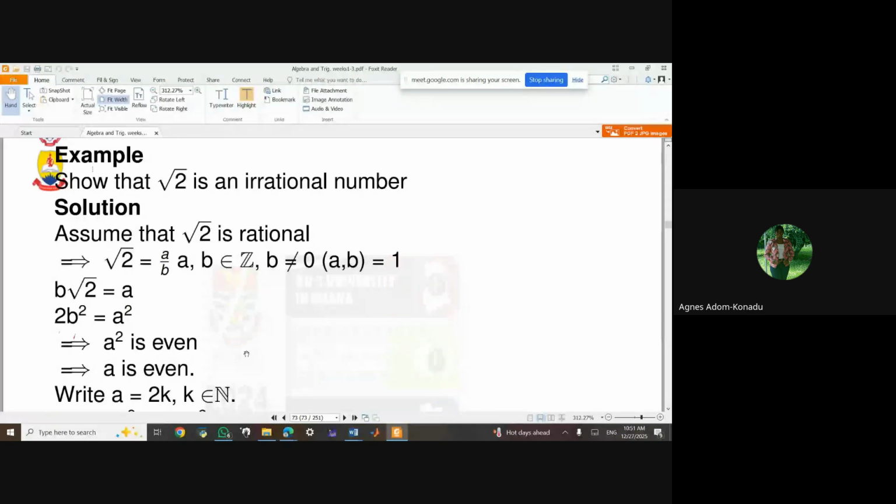Anytime we write an even number, you know that an even number is a number that is divisible by 2. So I can write it as 2 times something. Now I have 2 times b squared is equal to a squared. This means that my a squared is even. And since my a squared is even, I can say that my a is also even.